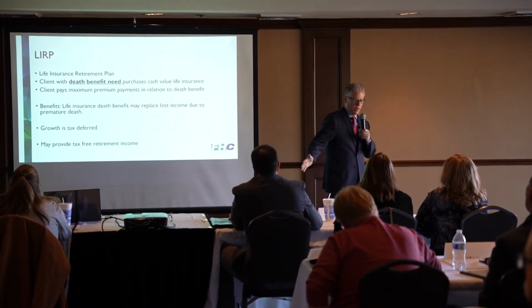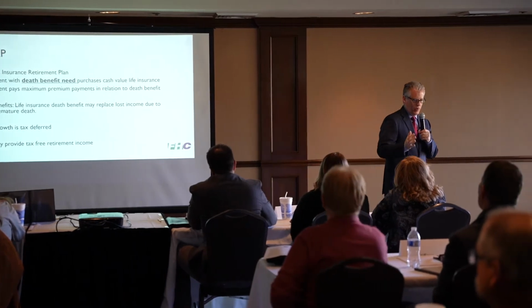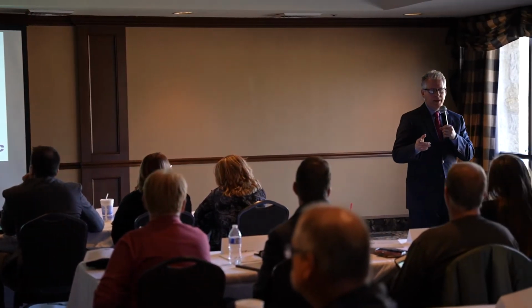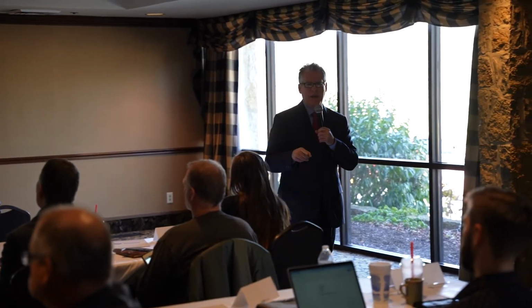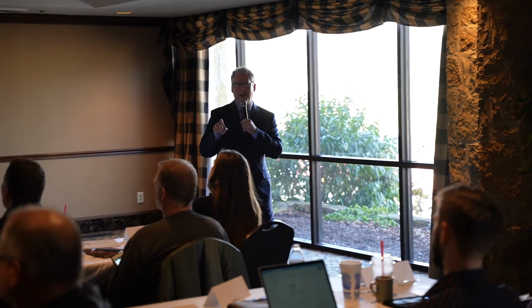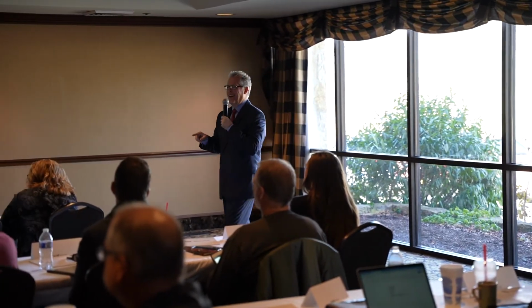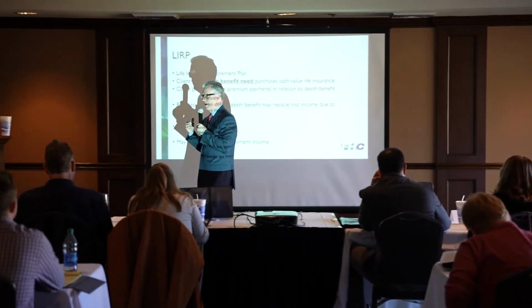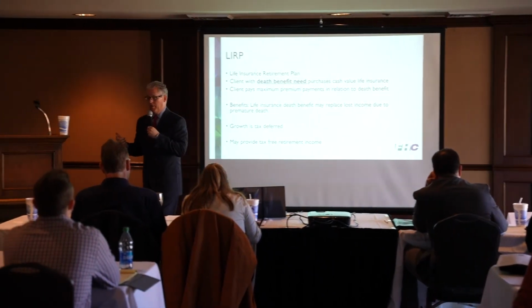So it's grown after-tax dollars, grows tax deferred, comes out tax-free. Does that sound like anything else you guys sell? Any other concept come to mind? There's one. Roth. After-tax dollars, grows tax deferred, comes out tax-free. This is a super Roth in that regard, and it has a tax-free death benefit.